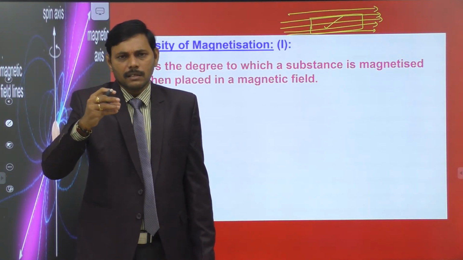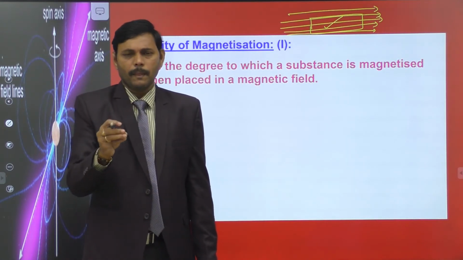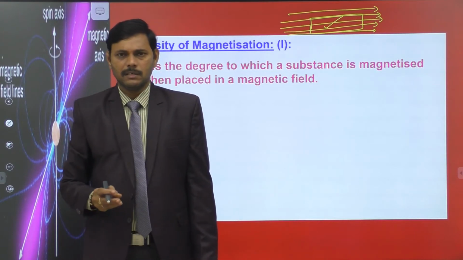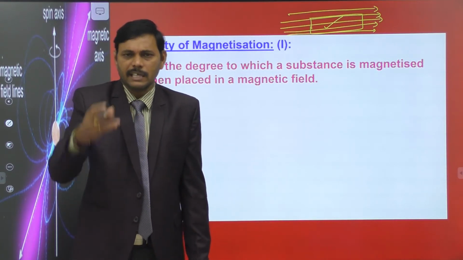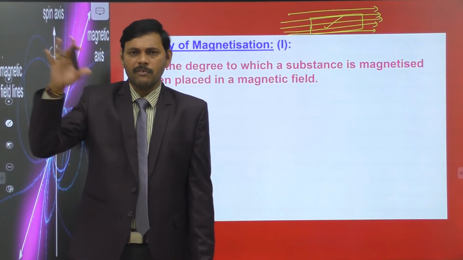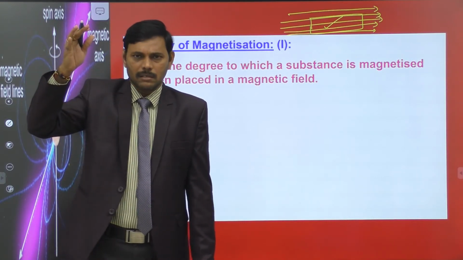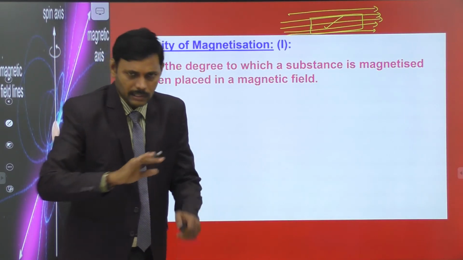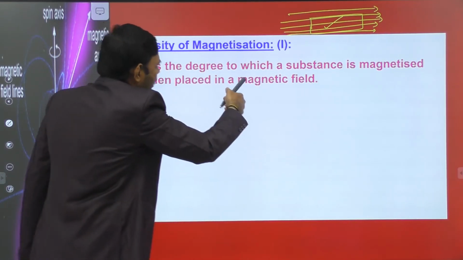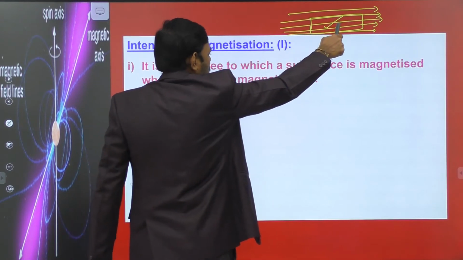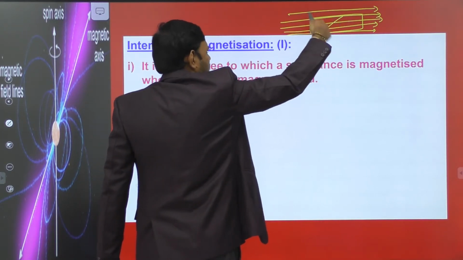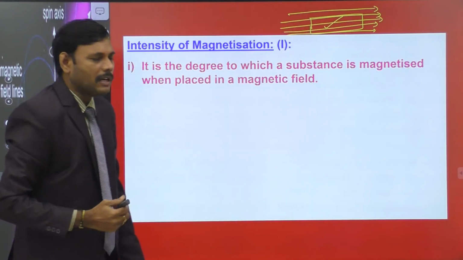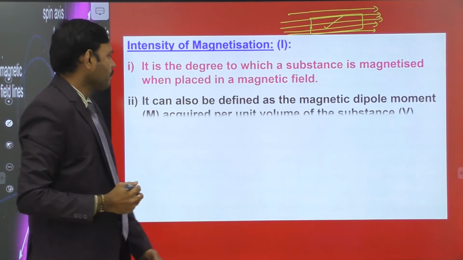Then the material responds to it and magnetism is induced in it. The effect is described by intensity of magnetization. The applied one, the cause, is explained by magnetic intensity. So that is also another difference. Intensity of magnetization is the degree or extent to which a substance gets magnetized when placed in a magnetic field, denoted by I.